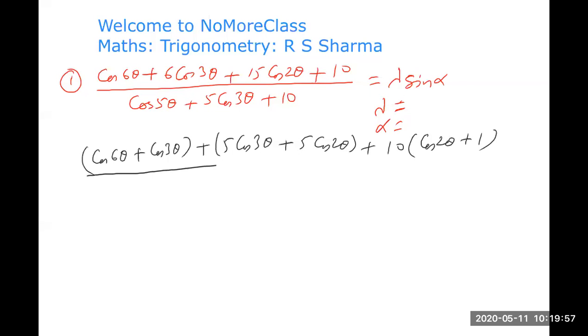The denominator will be as it is. Cos 5 theta plus 5 cos 3 theta plus 10.